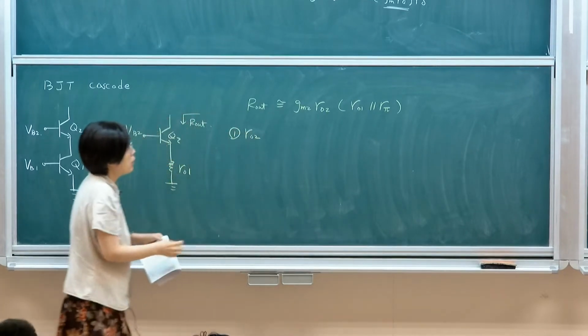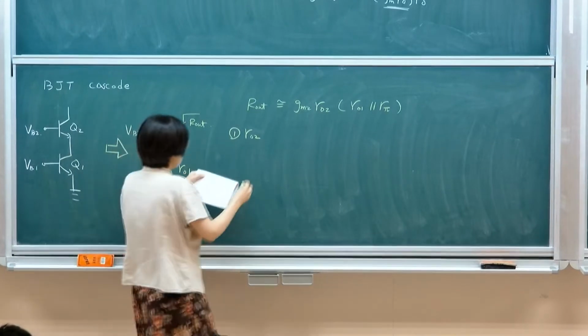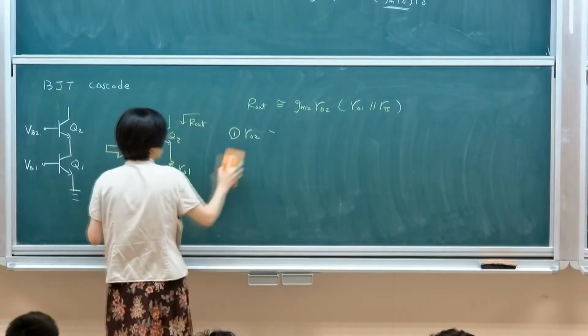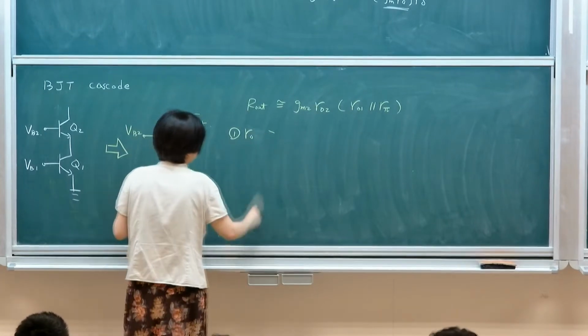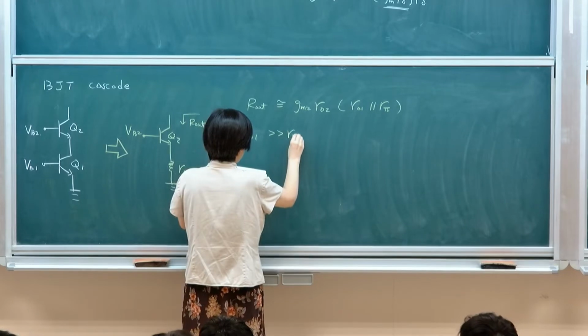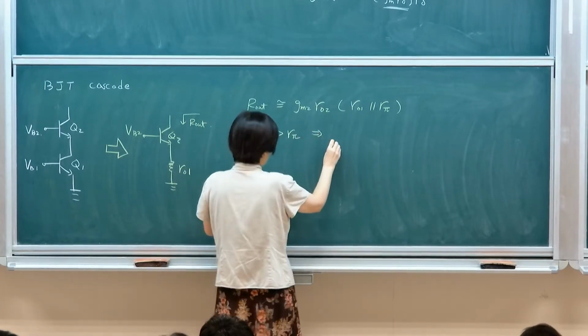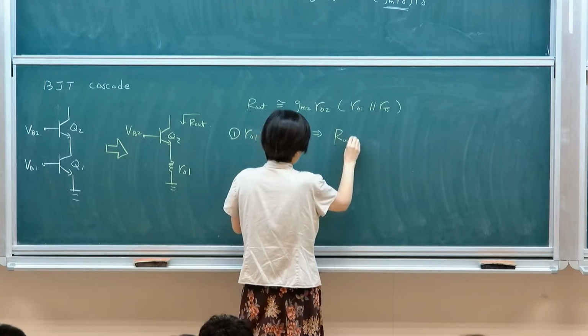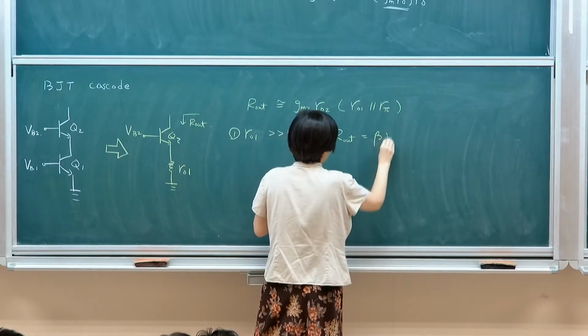so there's two scenarios. Let's just discuss that. For RO1, sorry, output resistance much larger than RPi, what happens is that your overall Rout would then be beta RO.